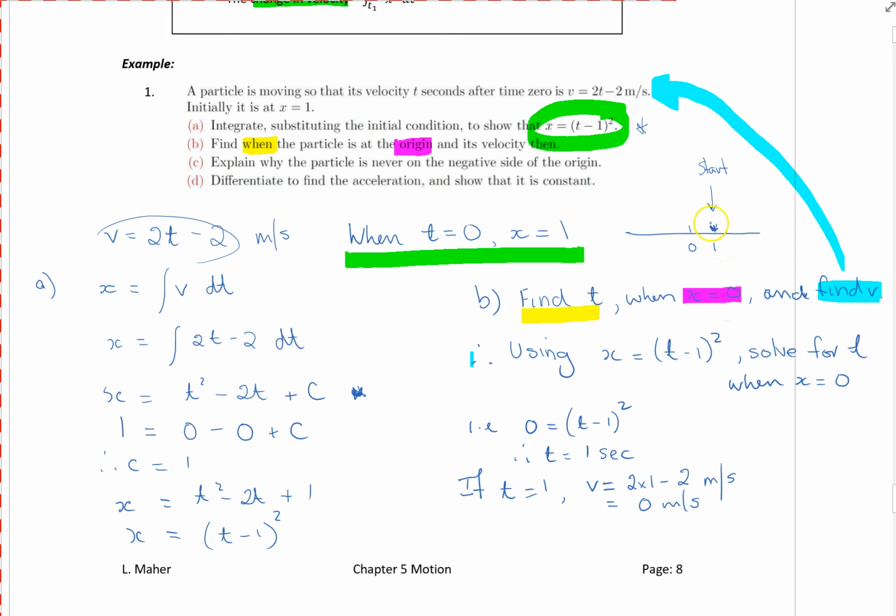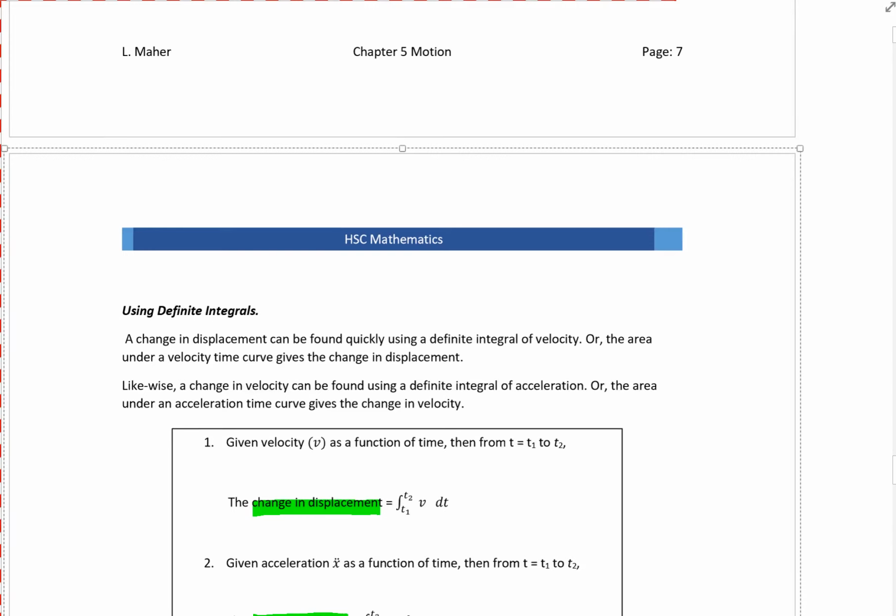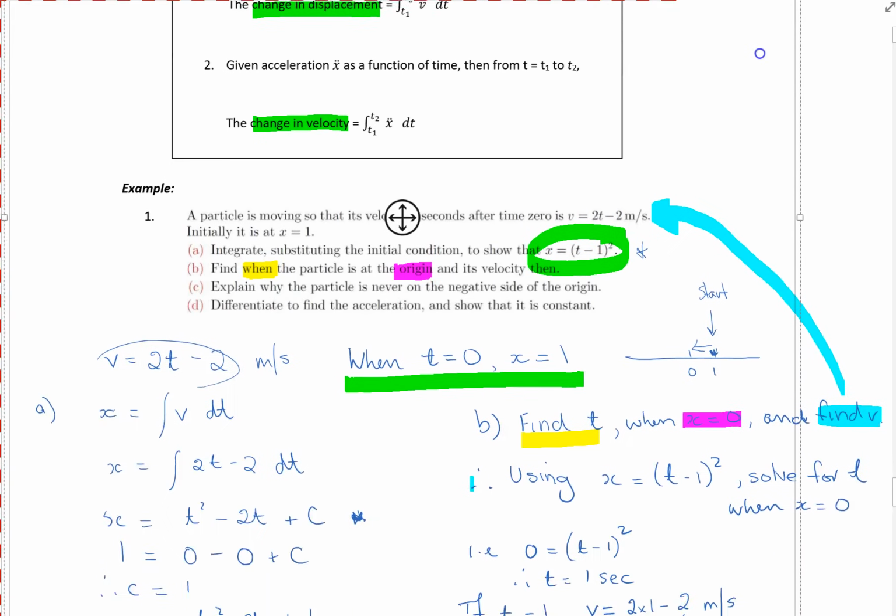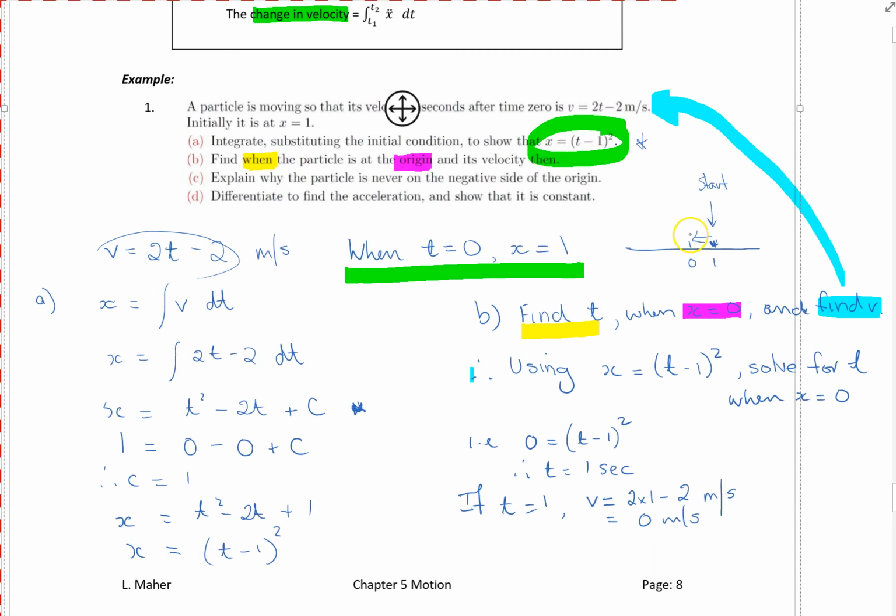So if it started here, we know it's going in this direction, and it took 1 second for it to get back to the origin. And what happened there? What actually happened after 1 second? Well, we can see here that the velocity was 0. What's your understanding of velocity 0? The particle actually stopped. The velocity is 0. That means the particle is stationary.